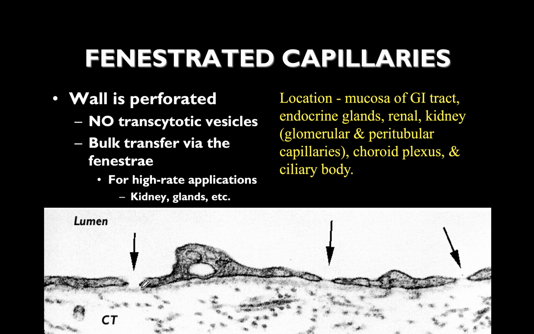The wall is perforated. As we can see, there is this opening, and from this opening the material can pass in and out of the blood capillaries. Location: the mucosa of the GIT in the digestive system, and the endocrine and adrenal system.